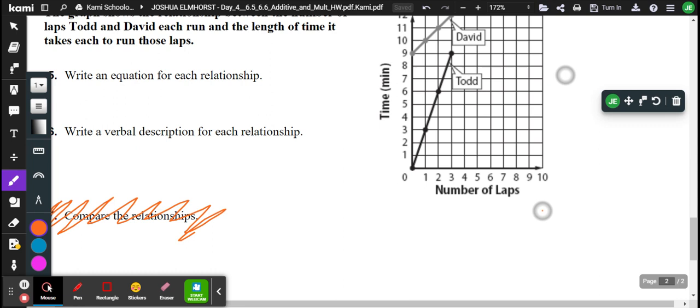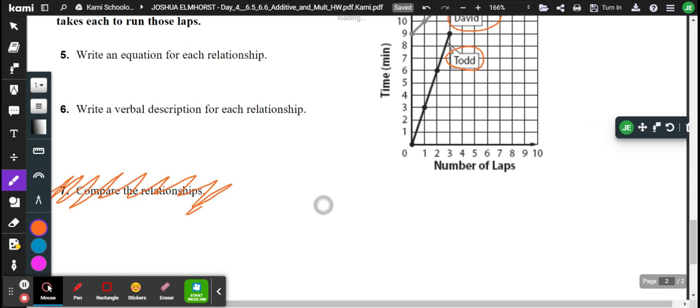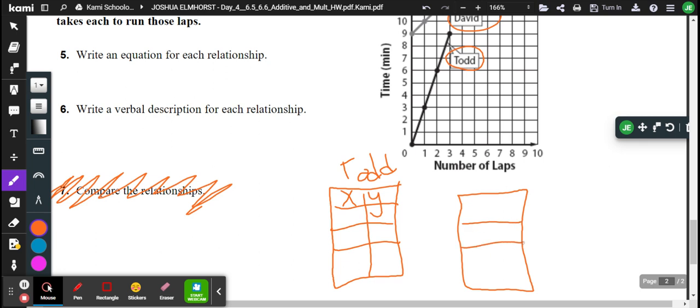And the last example down below, it would be best to use a table for Todd and David. You have x and y. We can say this one is Todd, and this one is David.